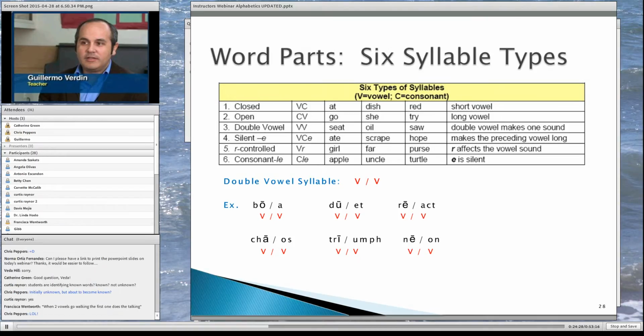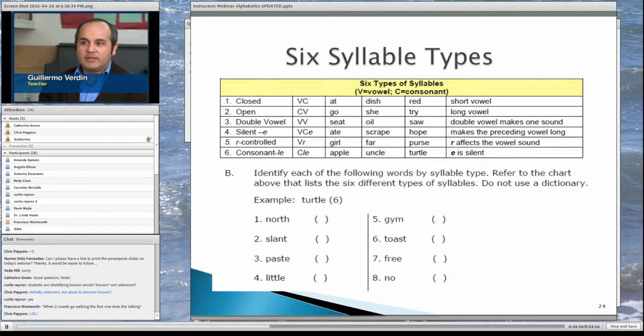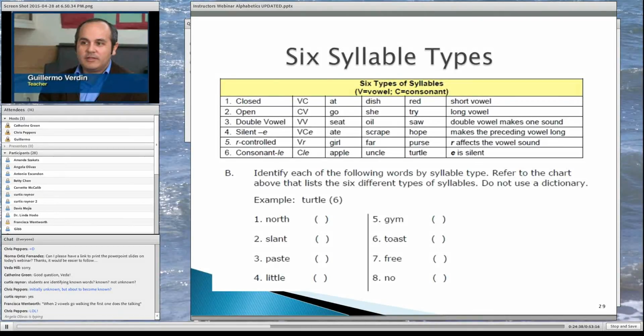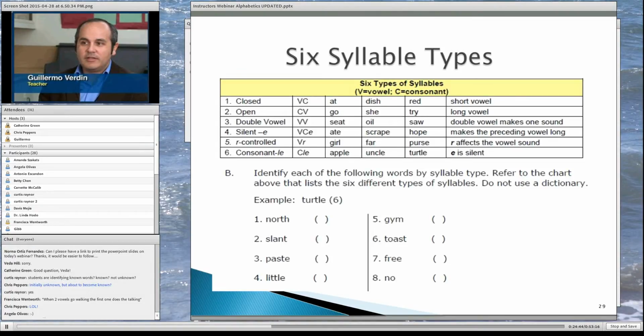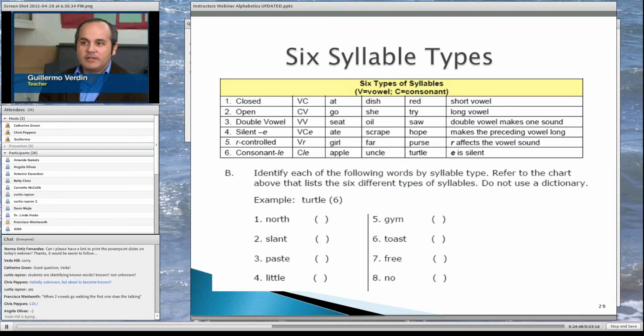So let me move on. Let's put our newfound knowledge of syllable types to the test with a short activity. As part of the pre-webinar assignment, you were asked to identify the words on this slide by syllable types. If you did, great. And if you didn't, we're going to practice here.